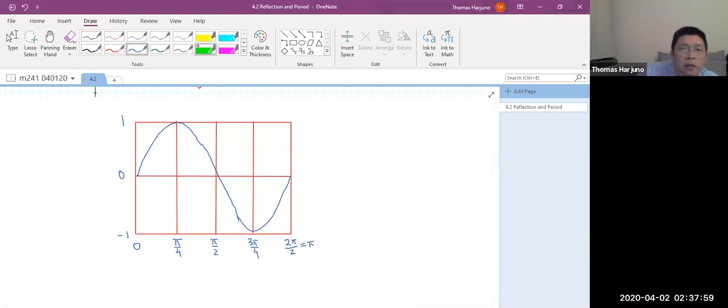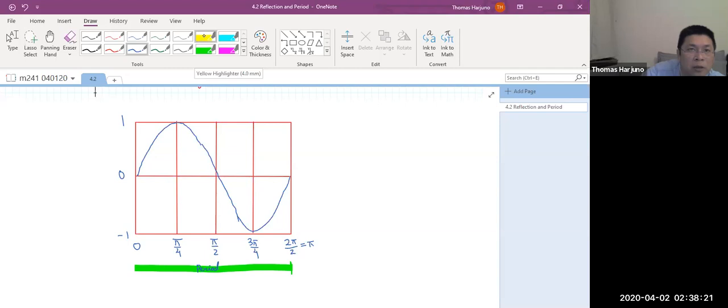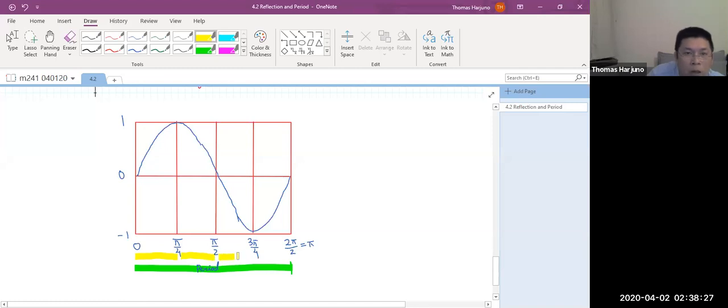You can see that from 0 to here, that's the period. This is the period. Now then, the period is divided by 4. That gives you what some textbooks call the quadrantal period. So you add pi over 4, another pi over 4, another pi over 4, another pi over 4.